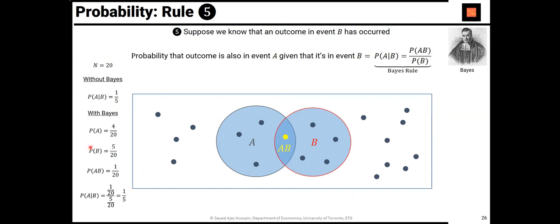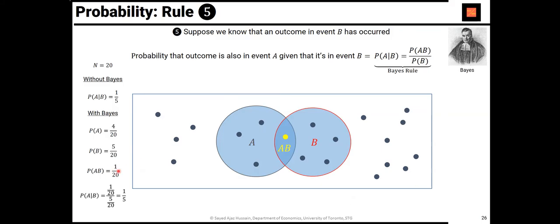Bayes' rule says to find the chance of A, given that it was in set B, take the chance of A and B together in the big raw sample space and divide by the chance of B in the big giant sample space. So what's the chance of A and B together in the big giant sample space?